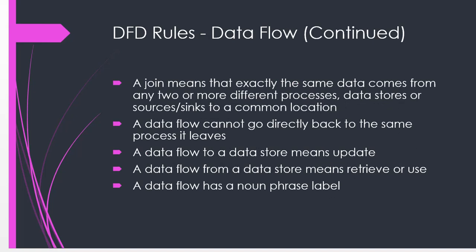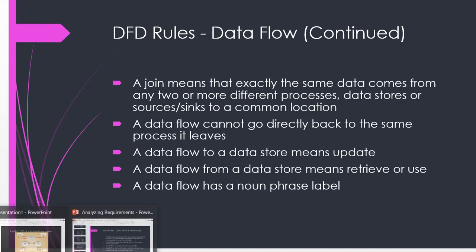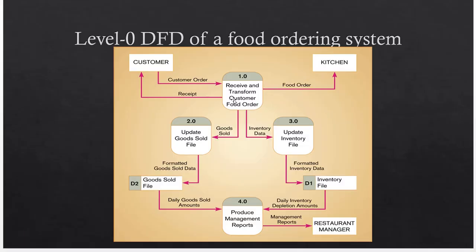So when you're drawing your system now, there could be cases where you've got 2 or more arrows coming in or going out of the system. So there could be an instance where probably the goods sold information is going to 2 different processes.